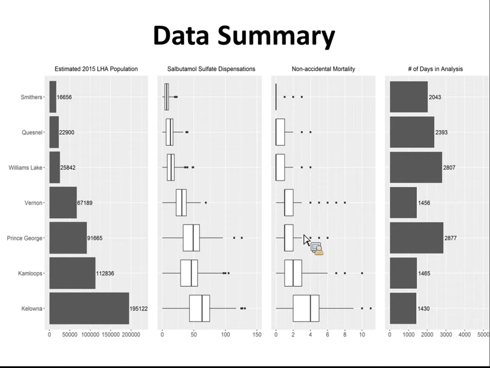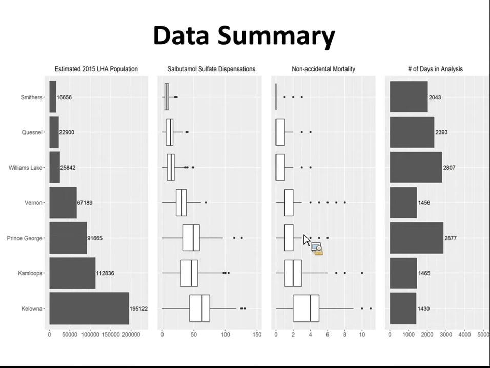One of them is dispensations of salbutamol sulfate, which is Ventolin. So anybody who's got a reactive respiratory condition is going to have this on hand as a rescue medication. So we look at those, and then we look at non-accidental mortality. And in looking at these 2 outcomes, we're kind of spanning the spectrum of stuff that can happen.